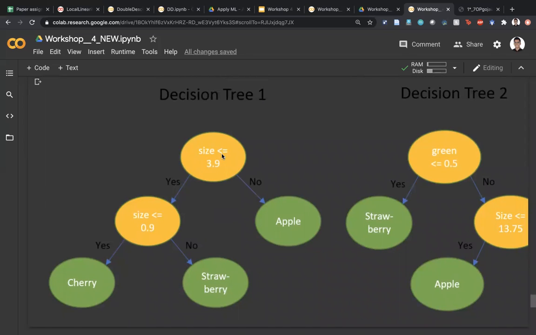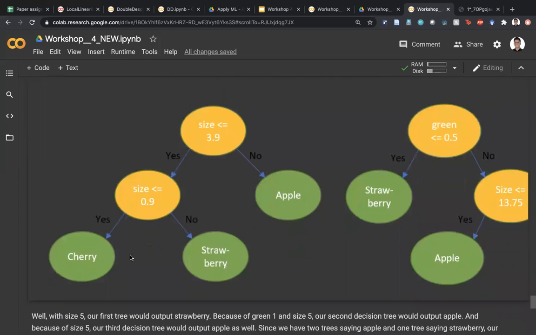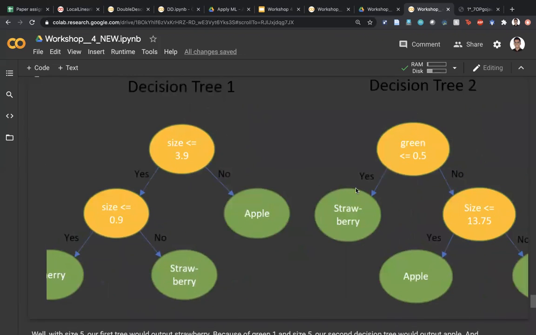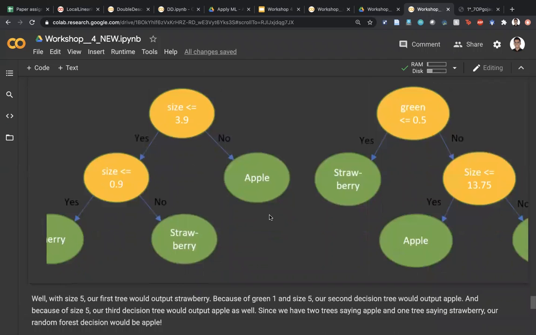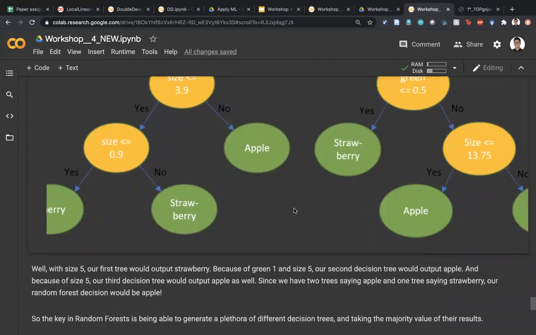The first decision tree looks at size first, and then looks at size again, and it predicts either cherry, strawberry, or apple. Then you have another decision tree that initially splits on the color and then later on the size. So that's also one thing you can do, where you can switch around the order of the features, or you can use completely different features. It depends on how you choose your data set.